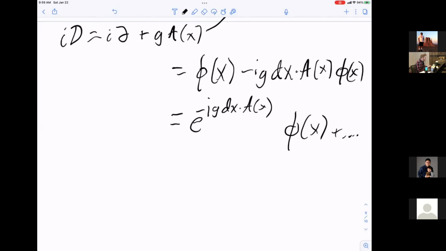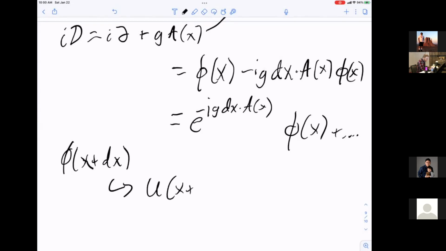So now we should examine what happens with our gauge transformations, because that's what we're interested in. So phi of x plus dx maps to u of x plus dx phi of x plus dx.